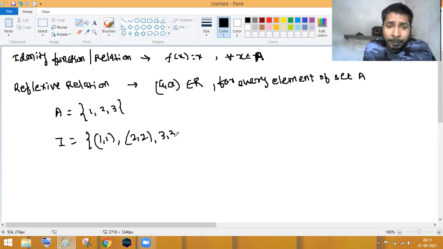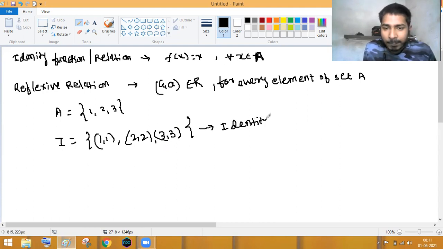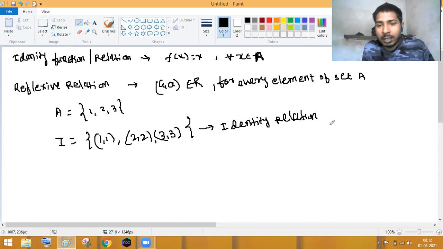Then you will get (3,3). So this is your identity relation or function, and we can say that this is also a reflexive relation.